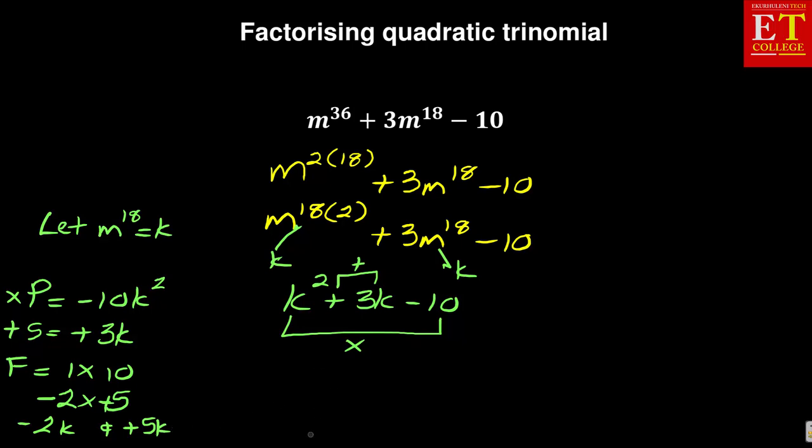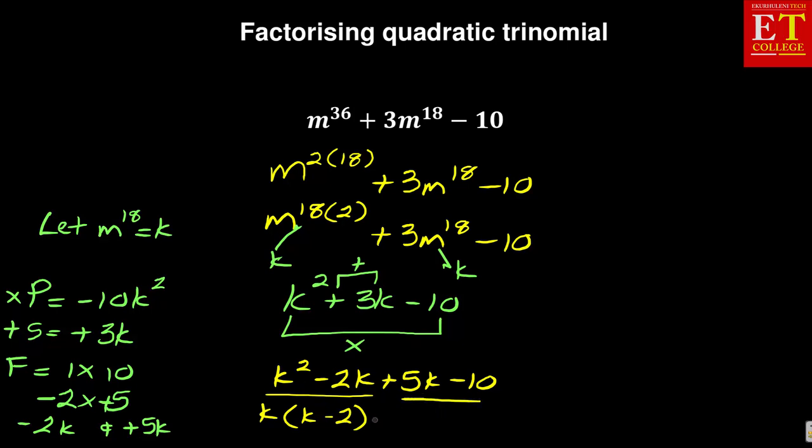So it's minus 2k and 5k. Now if I write what I have, I've got k squared minus 2k plus 5k minus a 10. If I consider the first two, k is common, which is k minus 2, and looking at the second two, you can see 5 is common, so positive 5, which is k minus 2.